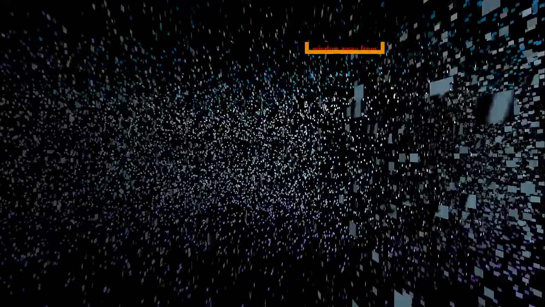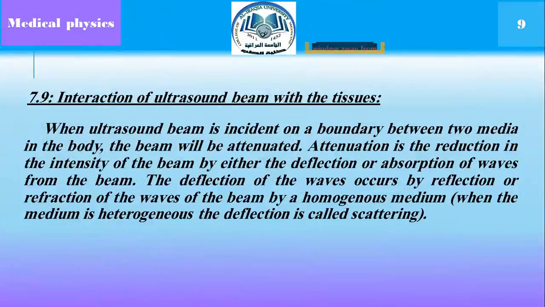Interaction of ultrasound beam with the tissues. When an ultrasound beam is incident on the boundary between two media in the body, the beam will be attenuated. Attenuation is the reduction in the intensity of the beam by either the deflection or absorption of waves from the beam.